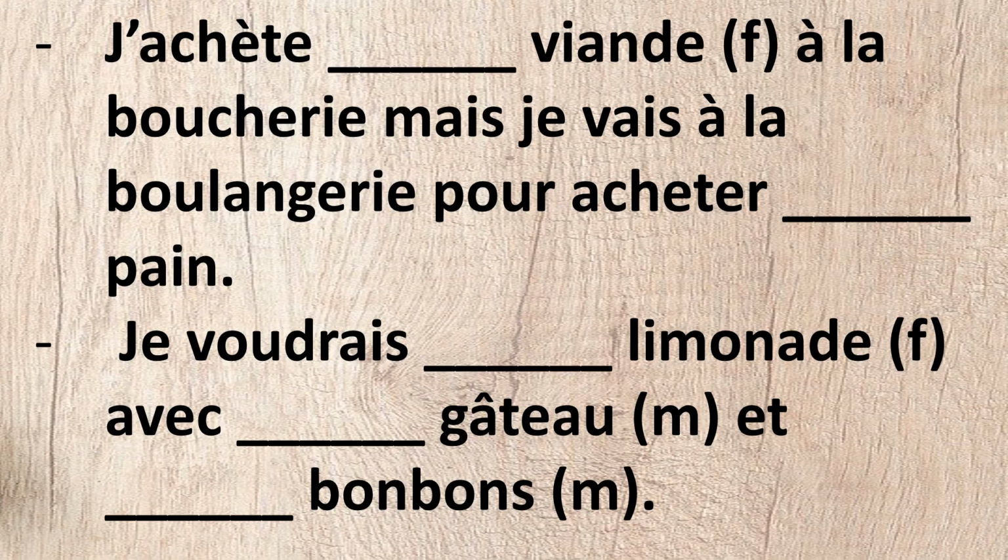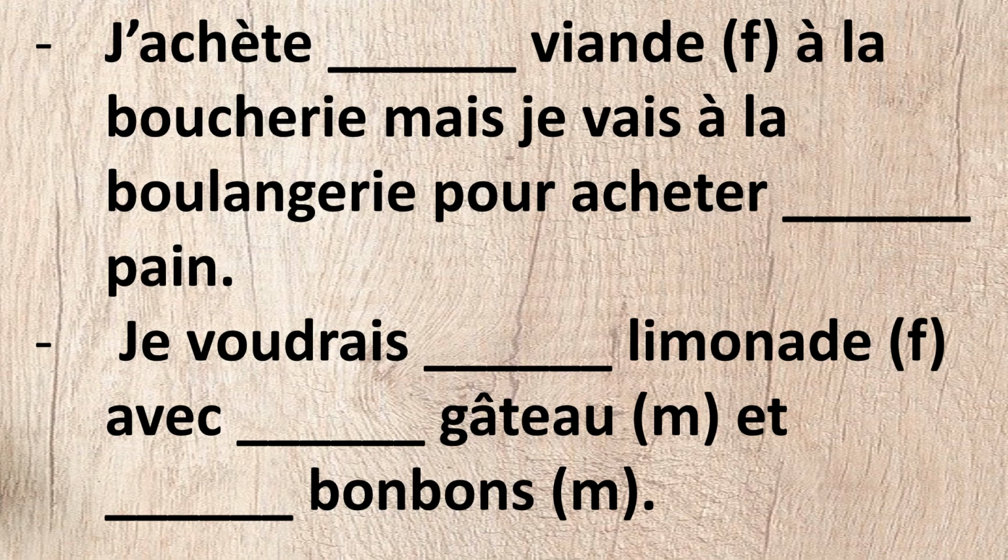Voici un exercice. You need to fill in the blanks with the appropriate partitive article. J'achète viande à la boucherie, mais je vais à la boulangerie pour acheter pain.